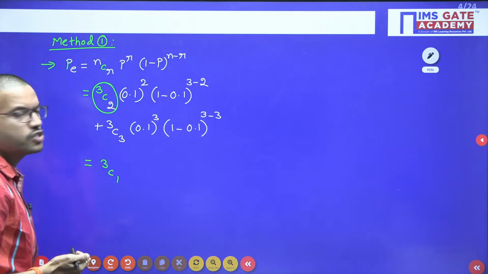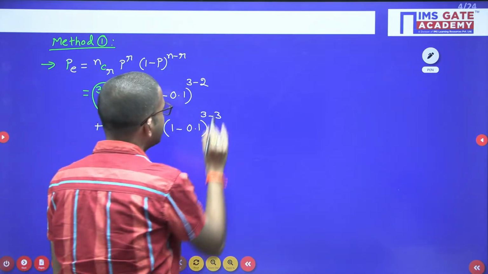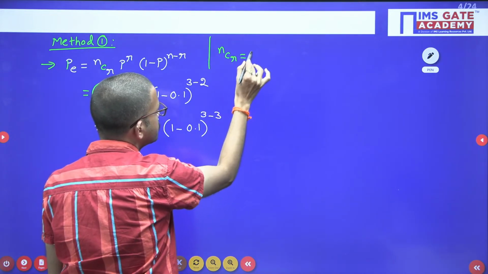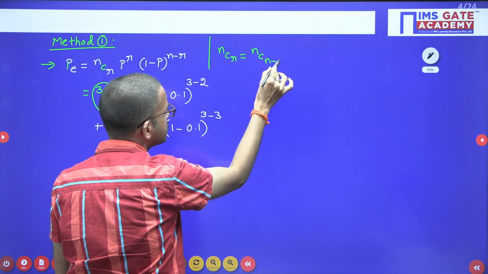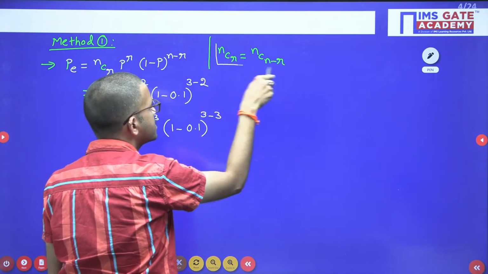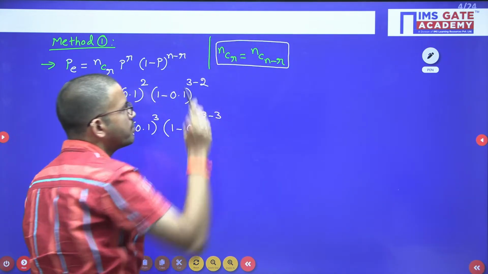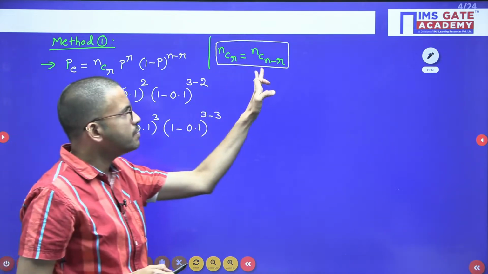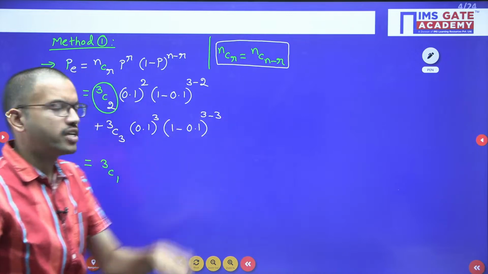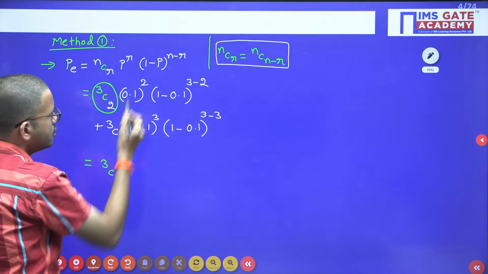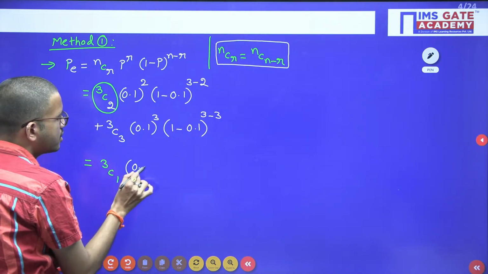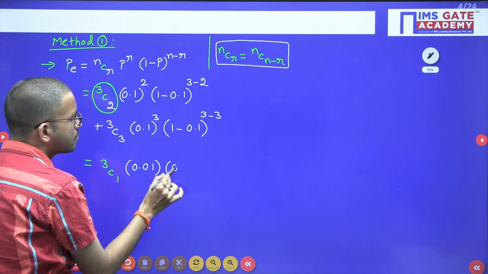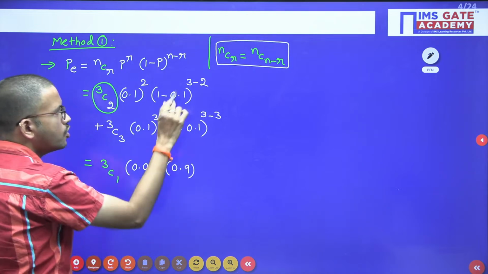I hope all of you studied the formula nCr is equal to nC(n minus r). So 3C2 is the same as 3C(3 minus 2), which is 3C1. Then 0.1 whole square is 0.01, into 1 minus 0.1, which is 0.9, whole power 3 minus 2, which is 1.